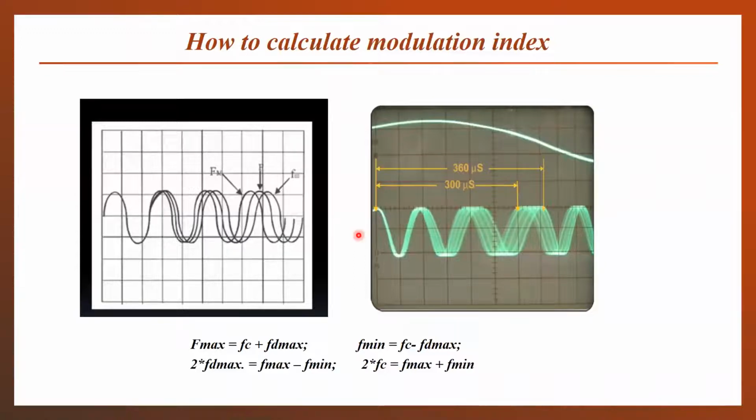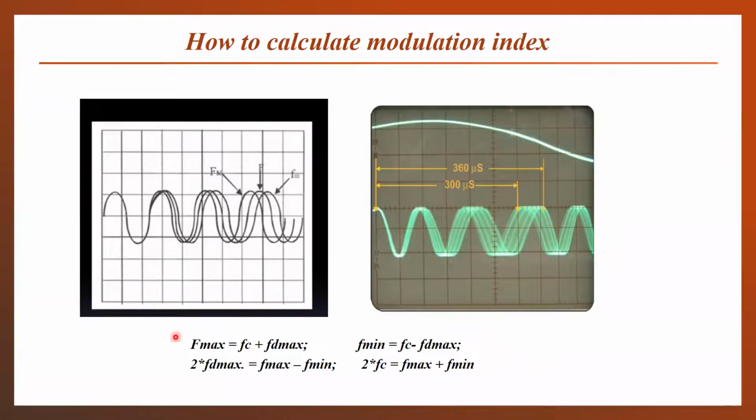For that, we have to choose the cycle in which the width of the cycle deviation is maximum. So we have chosen this waveform to calculate the frequency deviations through the time periods. In the CRO, you can observe only the time deviations. We cannot measure the frequency deviations directly. We have to measure them through formulas using the time deviations.